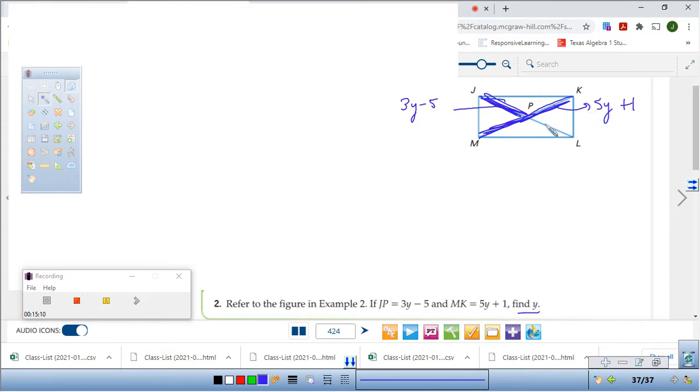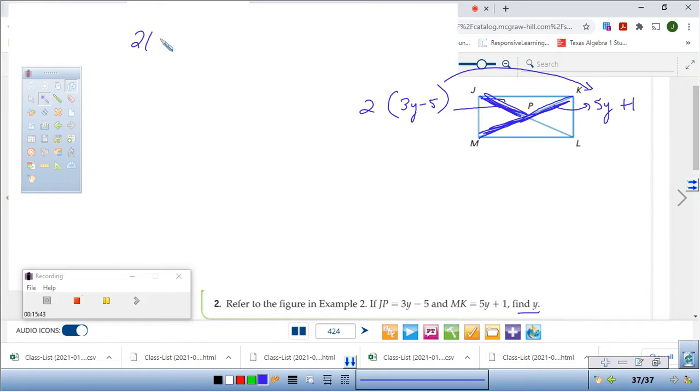I would say 2 of these is equal to that one, right? Since the diagonals of a rectangle are congruent, they bisect each other. I'm going to say this one over here is 2 of those. I'm just going to set that up.